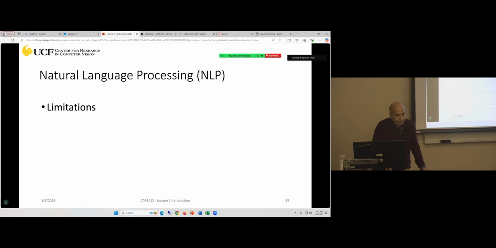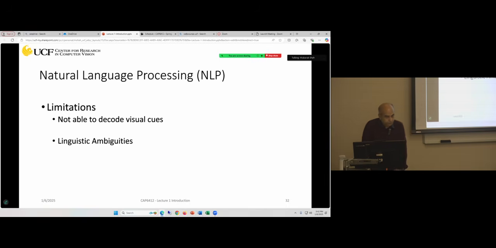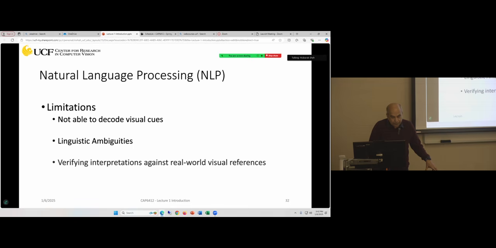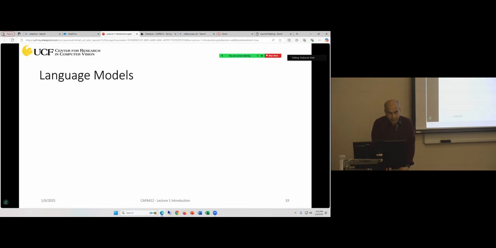The limitation of traditional natural language processing is that it is not able to decode visual cues, and there are linguistic ambiguities in verifying interpretation against real-world visual references.